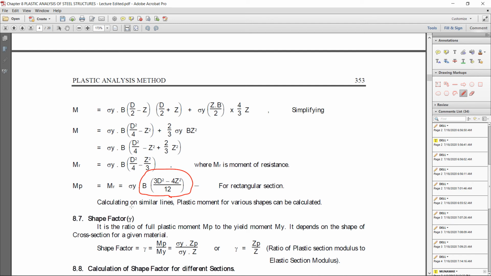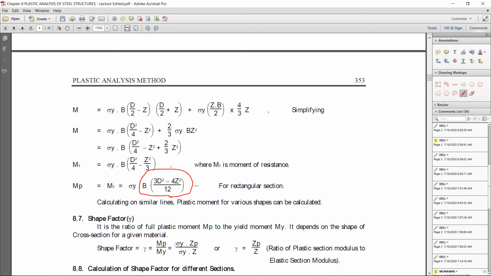Okay, now the next important parameter is shape factor. Why did we do this plastic section and elastic section? What is the purpose of that calculation? The purpose is shape factor. It is the ratio of the plastic moment or plastic section modulus to the elastic moment or elastic section modulus. It depends on the shape of the cross section for a given material.